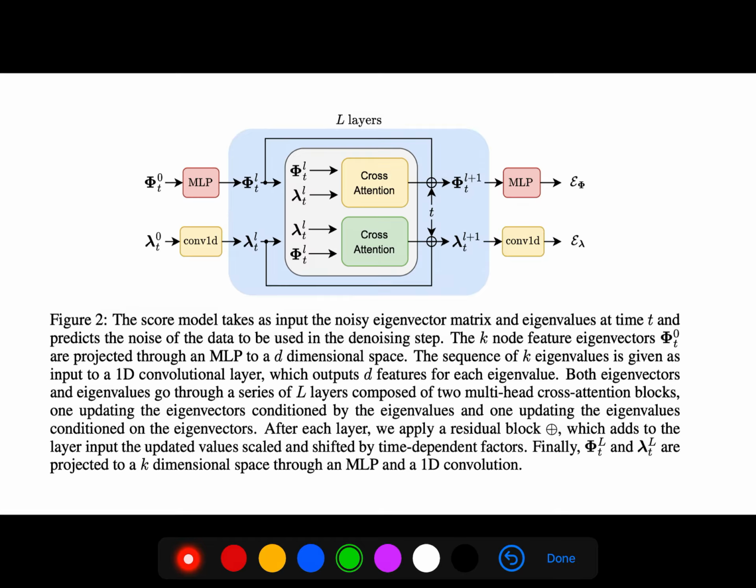Interesting. After each layer, we apply a residual block, which adds to the layer input the updated values scaled and shifted by time-dependent factors.